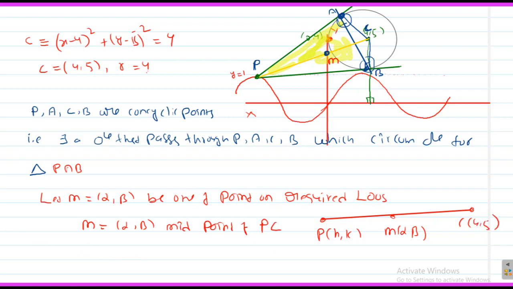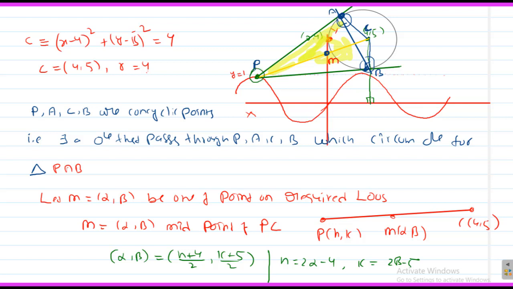By using the midpoint theorem, alpha comma beta is nothing but H plus 4 by 2 comma K plus 5 by 2. In other words, H is 2 alpha minus 4 and K is 2 beta minus 5.